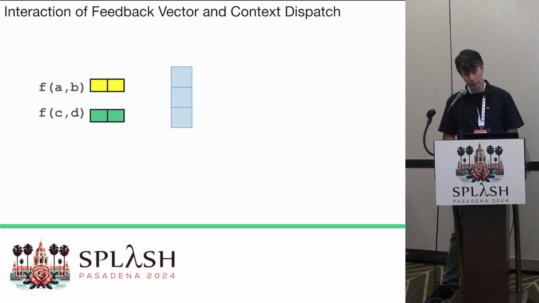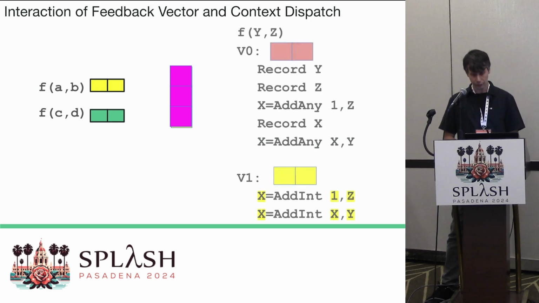Let's see how the feedback vectors interact with the contextual dispatch I introduced. Let's say we are running the function, we start with the yellow, and we pollute the type feedback. We are running optimized code, so we are recording into this feedback vector. Now we run for the green, and again it gets polluted. It gets purple. Now, if we try to compile a version based on this feedback vector, let's focus on the version v1.